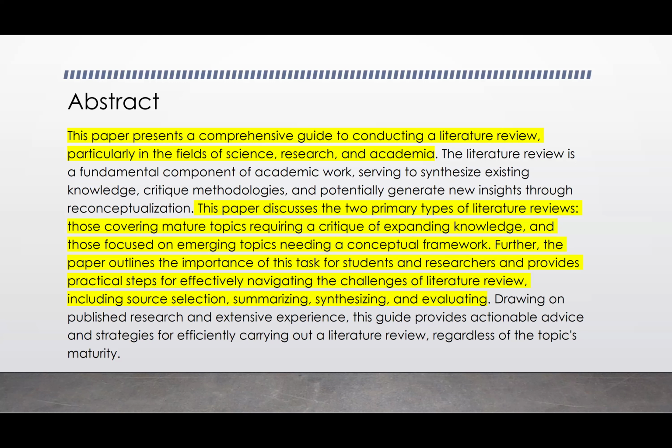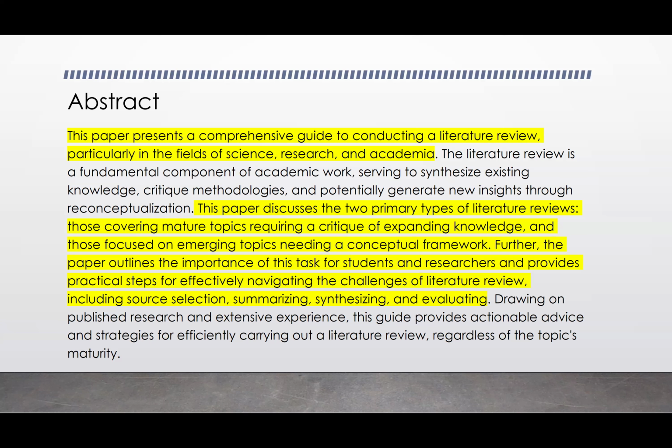This paper discusses the two primary types of literature reviews: those covering a mature topic requiring a critique of existing knowledge, and those focusing on an emerging topic needing a conceptual framework.